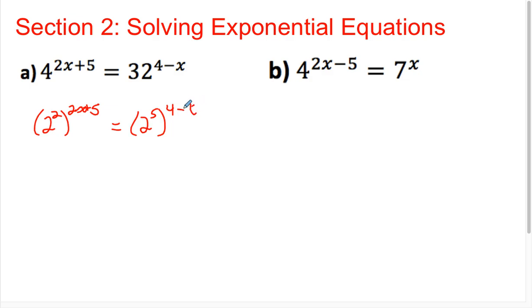Then I'm going to use my power of a power rule, multiply the exponents. So I've got 2 to the 4x plus 10, 2 times 2x plus 5, is equal to 2 to the 20 minus 5x. So I've got powers of 2 equal to each other. That means the exponents have to be equal to each other. So 4x plus 10 has to equal 20 minus 5x.